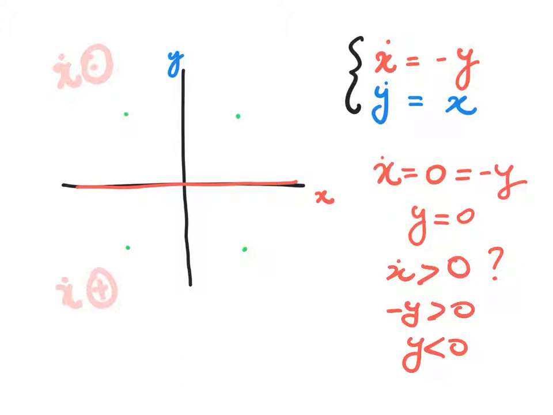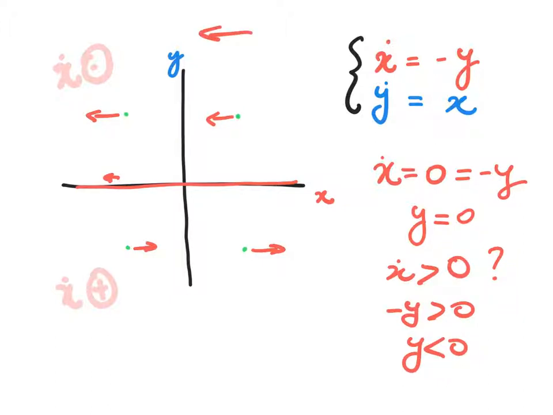So the action on these states on x is states move to the left here, and states move to the right here. The closer they get to the x-axis, the smaller the intensity of the flow. And similarly, the further away they are from the x-axis, the larger the flow.